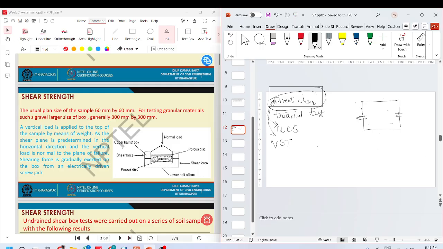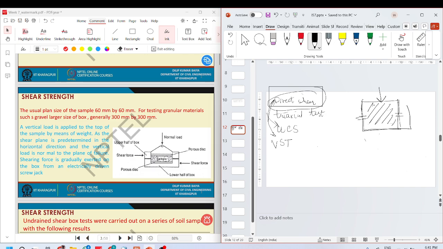And undrained loading test does not mean that I am restricting the drainage here by some physical boundary. It also means that the permeability of the material is so low that the rate of loading that I have applied means that the water did not get the time to dissipate.